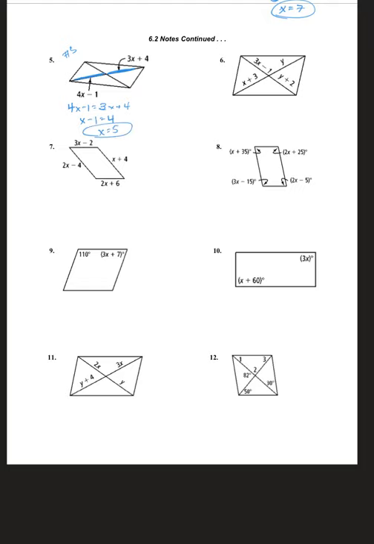Now number 6 is the same property. It's dealing with diagonals again, but this one's going to be a little challenging. If I look at this diagonal, it's telling us that 3x minus 1 has to equal y plus 2. And then I look at the other diagonal, so this piece has to be equal to this piece.